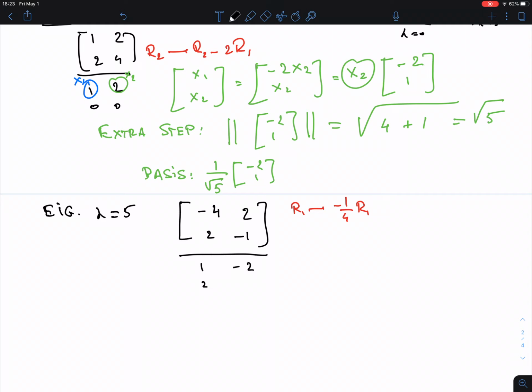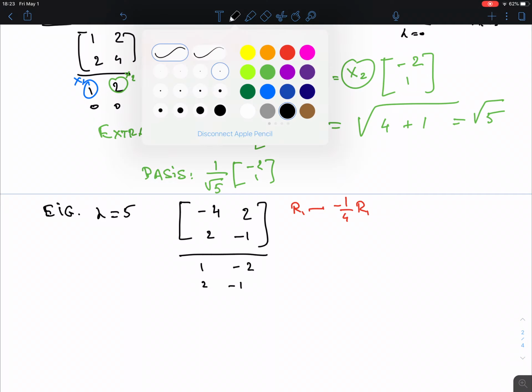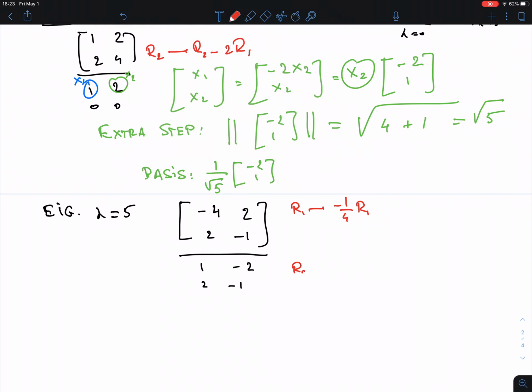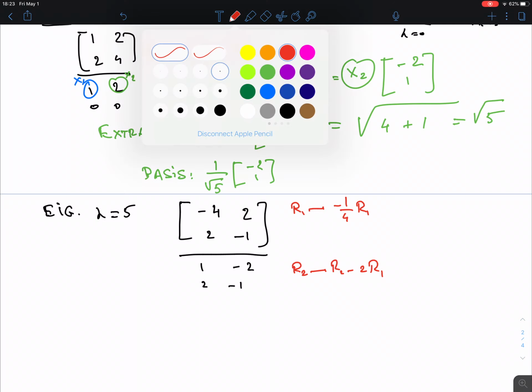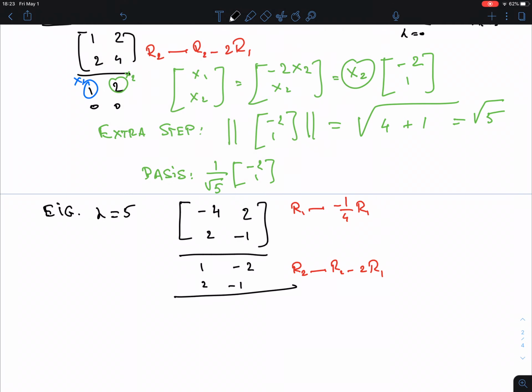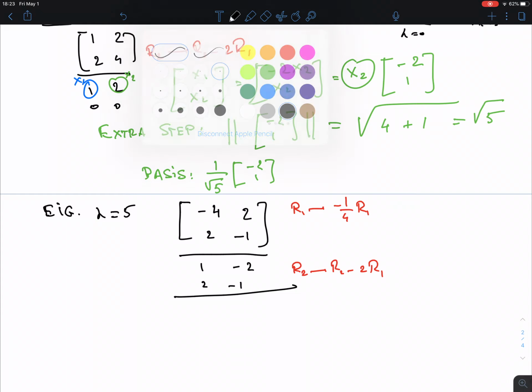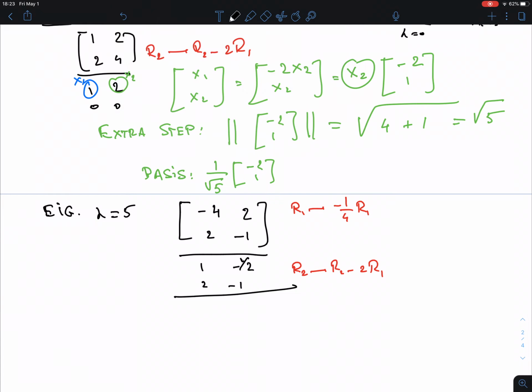Yes, and then 2 negative 1, and then do the next operation. Row 2 minus 2 times row 1, and I'm going to get a 0 in the bottom, right? No, what did I do wrong? I'm dividing by negative 4, that's not minus 2, that's minus a half here. See, I knew I was wrong because I was not going to get a 0 row there.